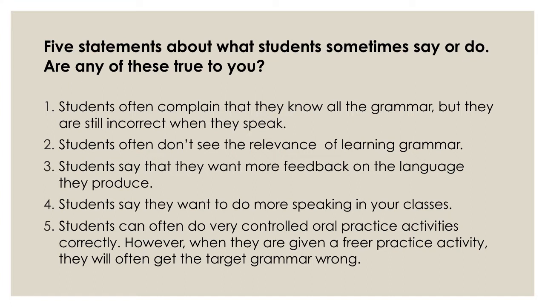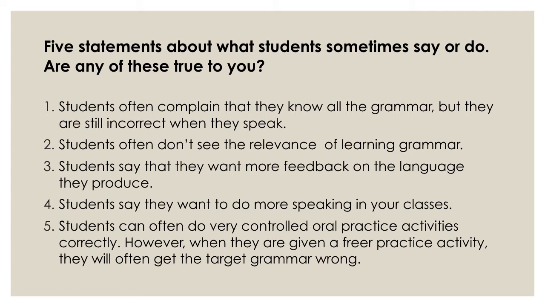Here are five statements about what students sometimes say or do. Are any of these true to you? Number one, students often complain that they know all the grammar, but they are still incorrect when they speak. Students often don't see the relevance of learning grammar. Students say that they want more feedback on the language they produce.